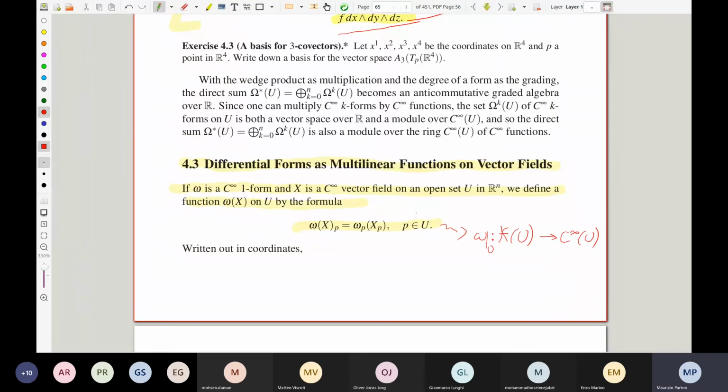Now you can combine all of this, and you can say that the differential one-form acts on vector fields. In this way, I have a one-form. I can put inside the one-form a vector field, and I want to check what happens. Well, the result is a function on Rn for the moment.